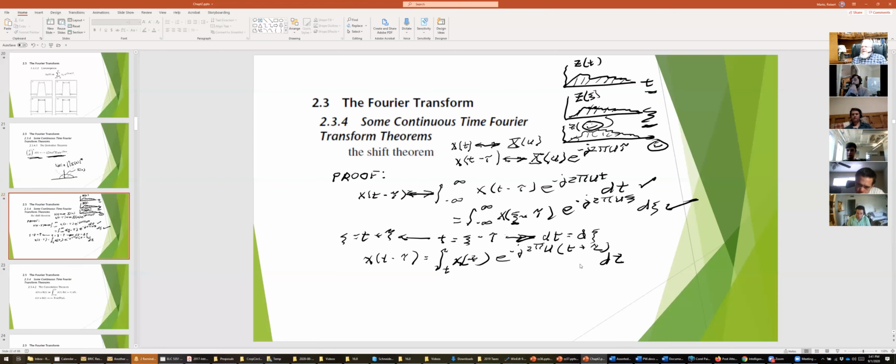You'll notice something here, that the integration is over t. So therefore, anything not a function of t, we can factor outside the integral. So we get an e to the j 2 pi u tau times the integral over t of x of t times e to the minus j 2 pi u t dt.